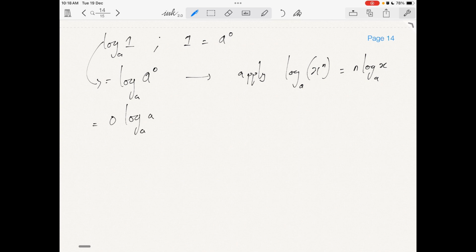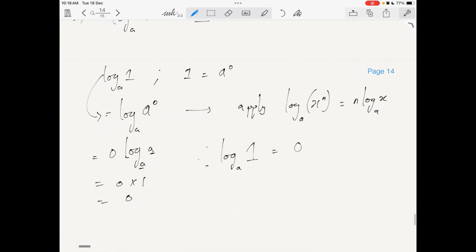So obviously anything multiplied by 0 will give me 0. Since these two have the same base and same power, it's 0 multiplied by 1, which will give me 0. So definitely we have our proof here: the logarithm of 1 irrespective of the base is 0.